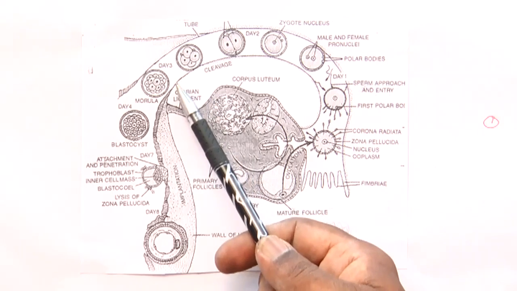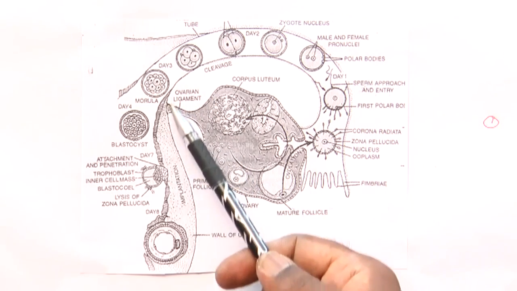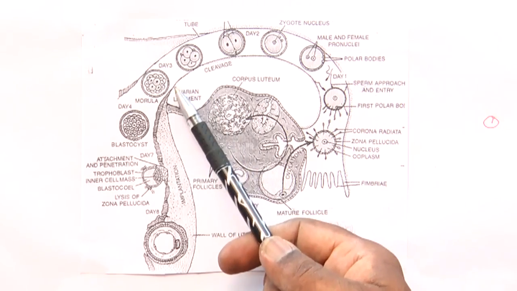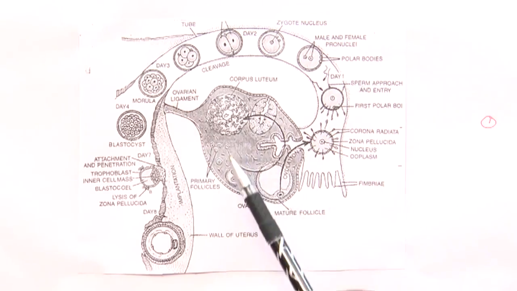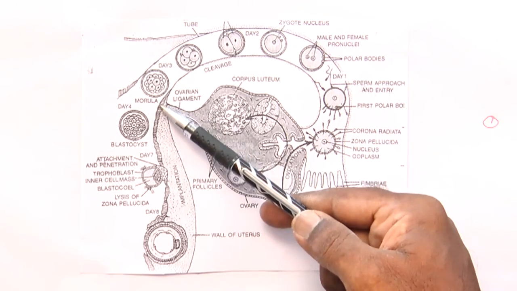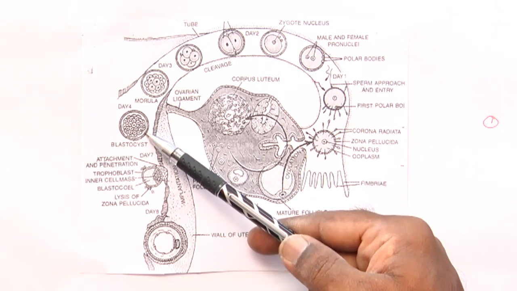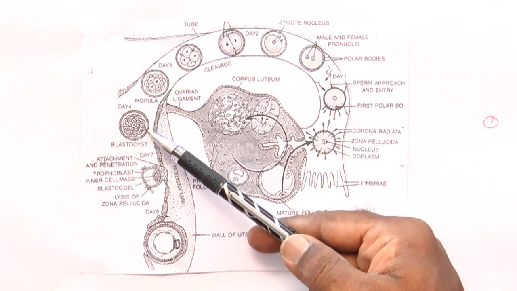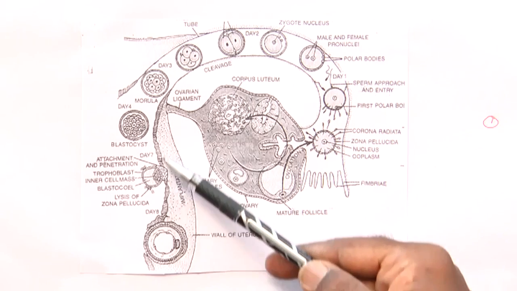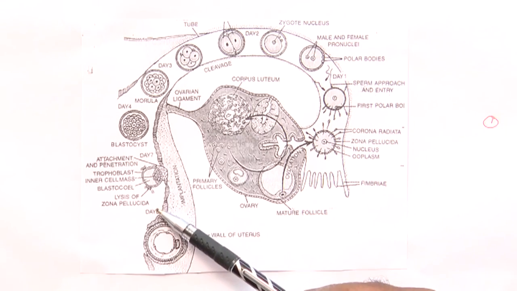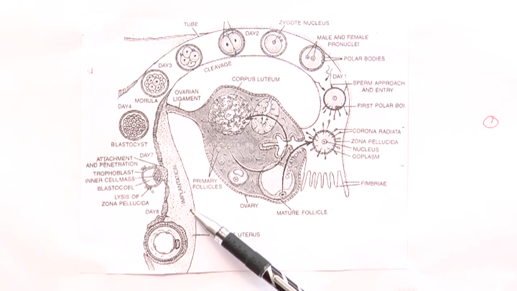So by this time, it has almost reached the oviduct where it joins the uterus. Then this morula is converted into a blastocyst, and later this blastocyst gets attached to the endometrial wall. So the implantation happens here.